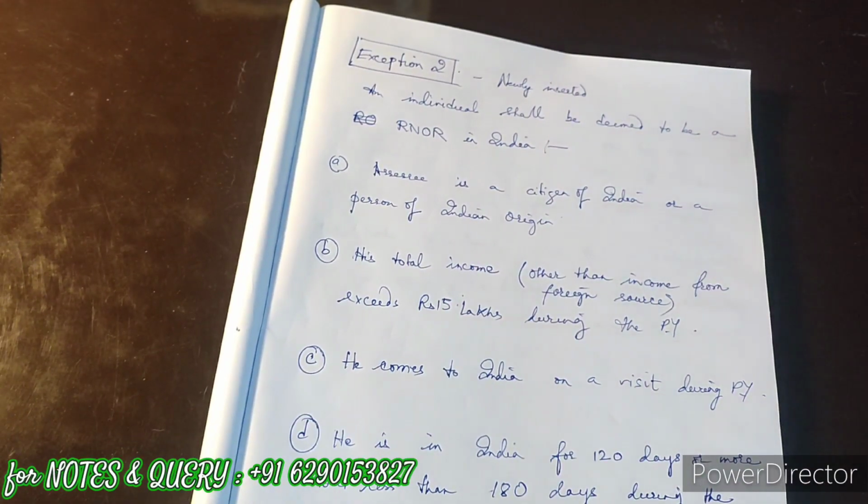The second exception that has also been newly inserted: an individual shall be deemed to be an RNOR in India if these following conditions are there. The first one is that the assessee is a citizen of India or a person of Indian origin.